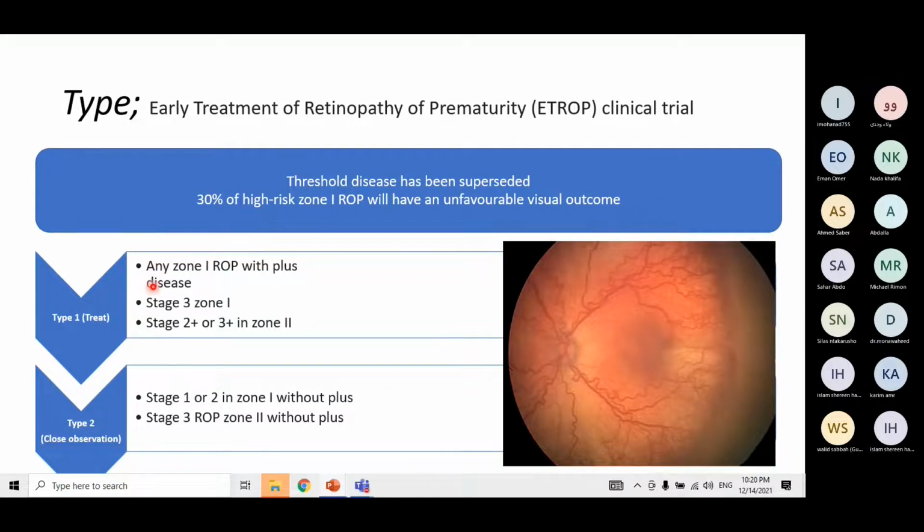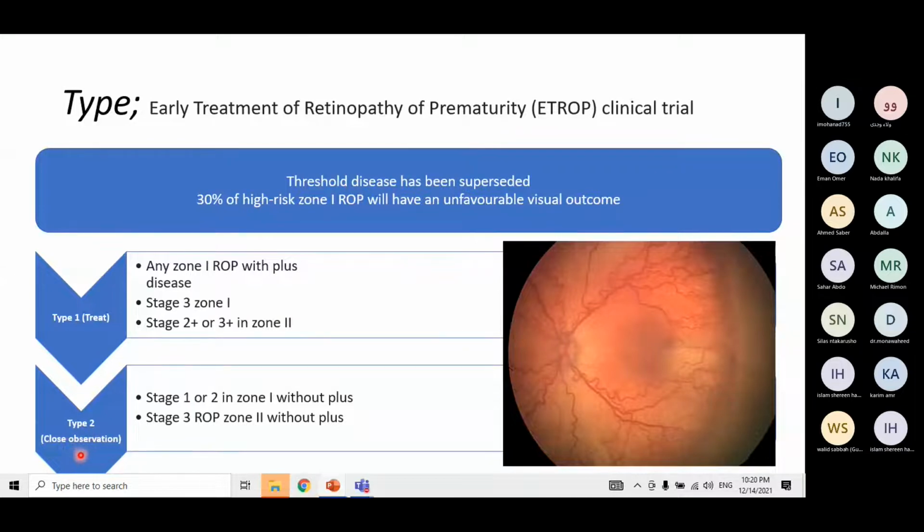The rule is the disease is more aggressive and needs more treatment if it goes to zone 1, if it's stage 3 or more, and if there is plus disease. So there are combinations which require treatment, but the main rule that we should keep in mind is that stage 3 or more usually requires treatment, plus sign usually requires treatment, zone 1 usually requires treatment. Type 2 is a less severe form of the disease.